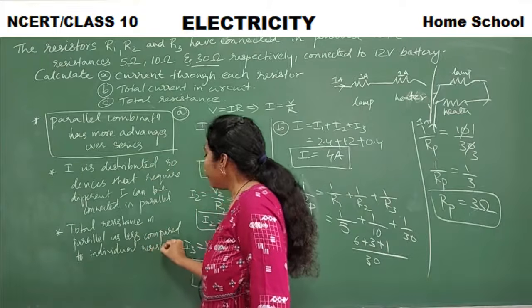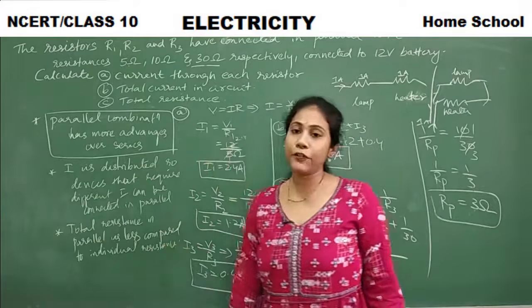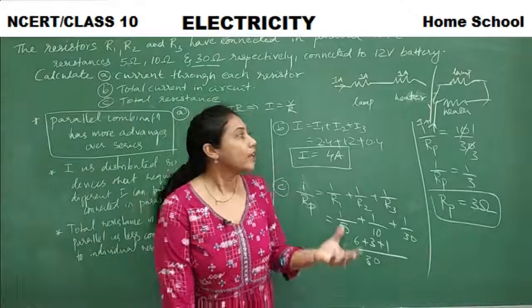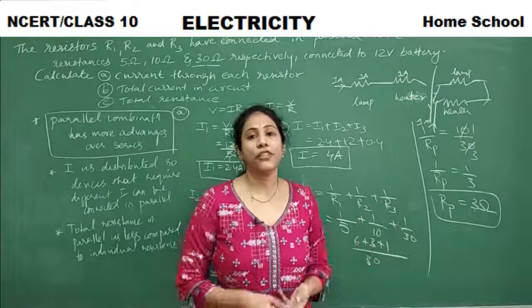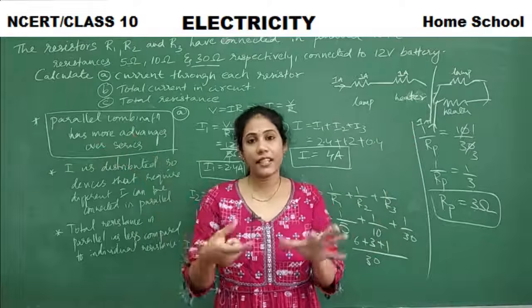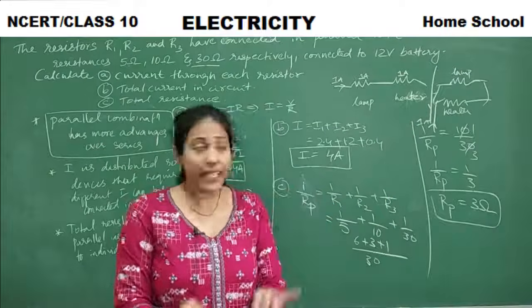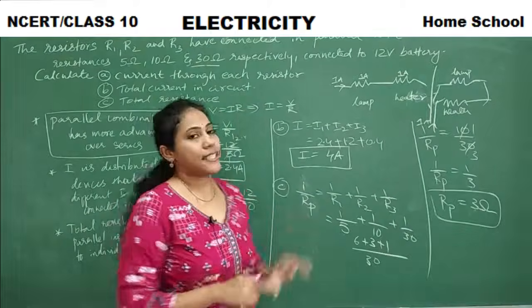Okay, so we know when resistance is less, current flow is easy, right? So in which combination can current flow very nicely? Parallel combination, because the total resistance of the circuit is always lesser than the individual resistances.